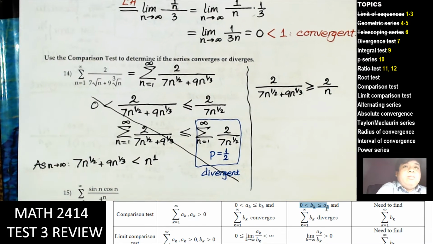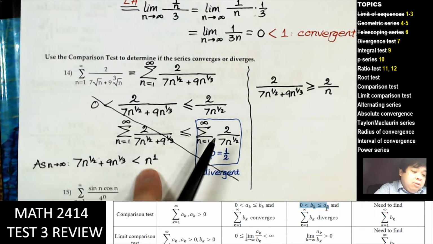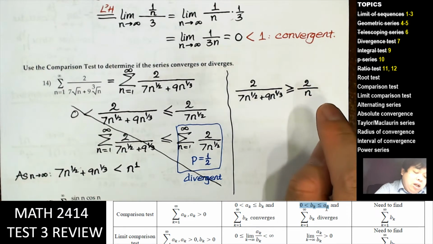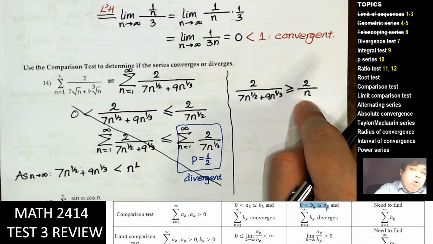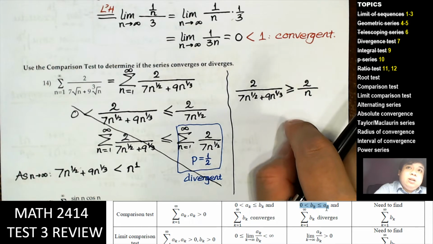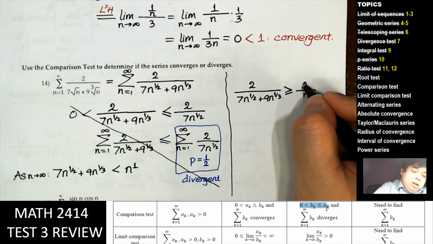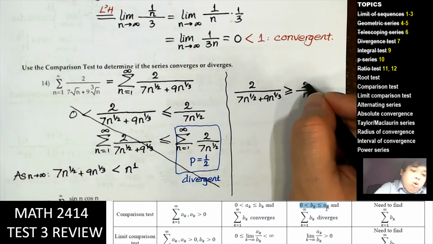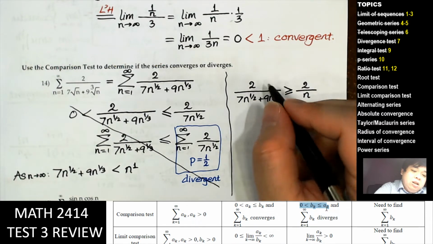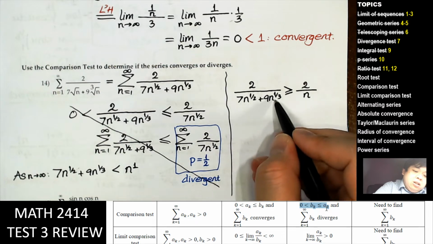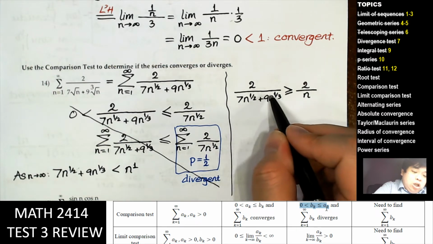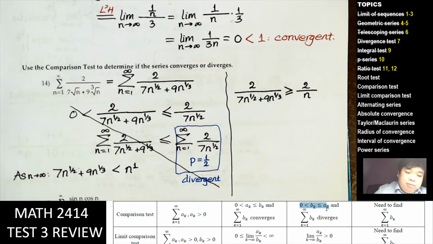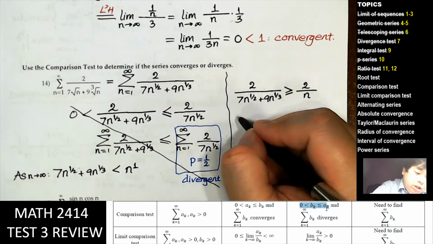This is what we have for sure. Now, if the denominator is bigger, dividing by the bigger number results in a smaller quotient. So this one is smaller than this, because here the denominator is smaller, so the quotient is bigger. Then we're going to throw in the summation.